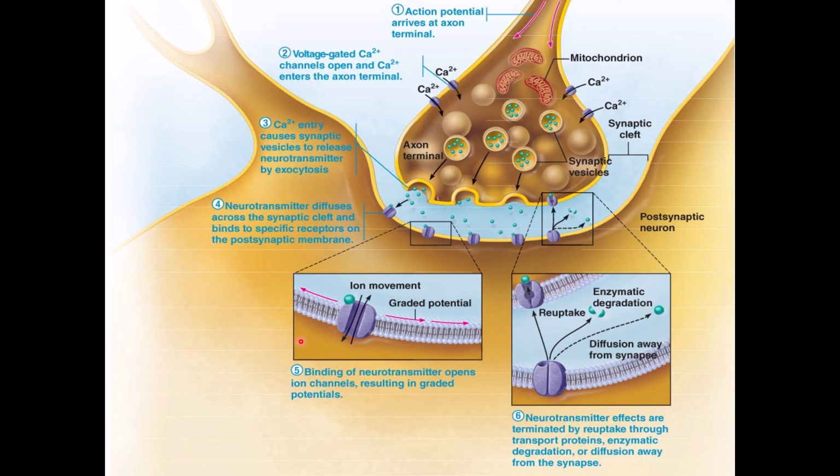And when the sodium is inside the cell, that becomes depolarization and an action potential later on. You also have an enzyme here, and that enzyme will break down acetylcholine, and then it is moved back to the synaptic terminal and recycled. So they are made and then they are ready to be released again.